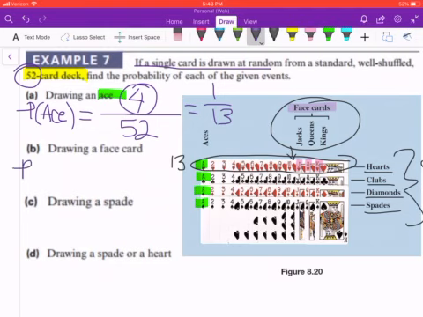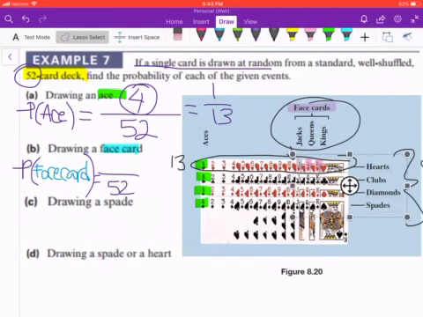Now, what is the probability of getting a face card? The total in this case will be the same, 52. And we have 3 face cards for each suit.